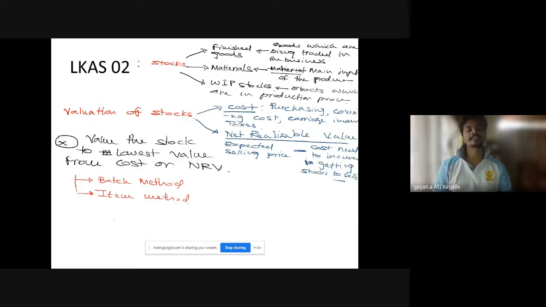What is the batch and what is the item? අපි අඳුනා ගන්න ඕන item එකක් කියන්නේ මොකක්ද, batch එකක් කියන්නේ මොකක්ද කියලා.